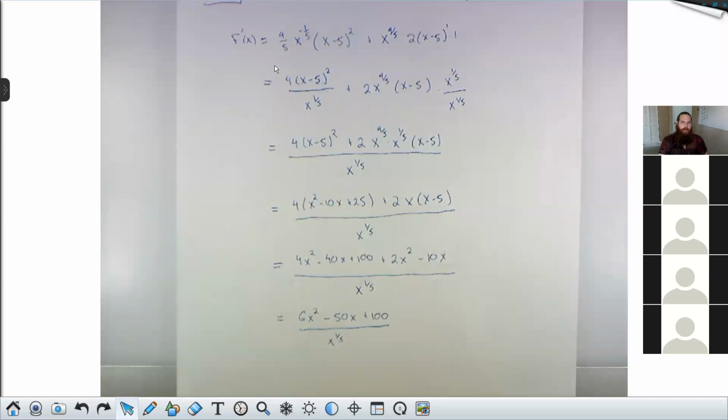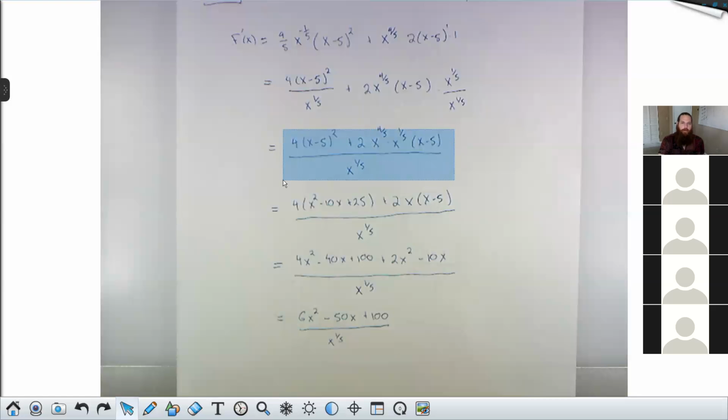Okay, thank you. My bad. You're totally good. I didn't write a negative. Oh, yeah. So this is a negative 1/5 power because I subtract 1 from the 4/5 power. And then I realize that since this is a fraction whose denominator is x to the 1/5, I need to write this as a fraction with that same denominator. So I multiply by x to the 1/5 over x to the 1/5 to give a common denominator.